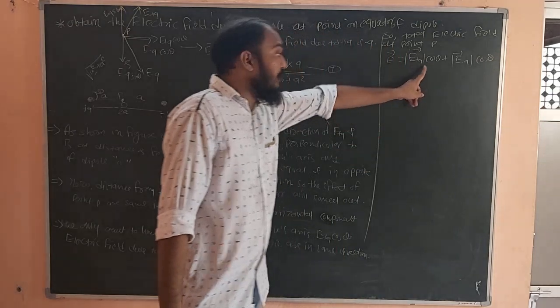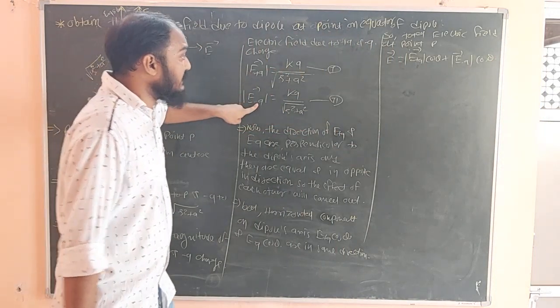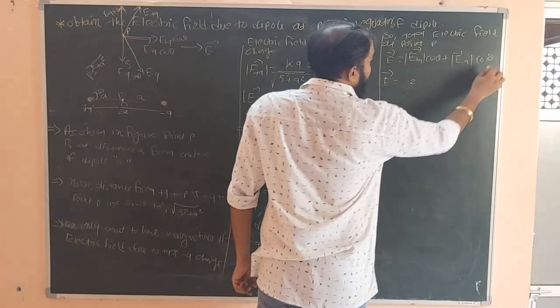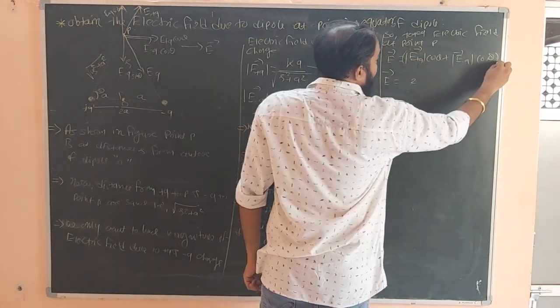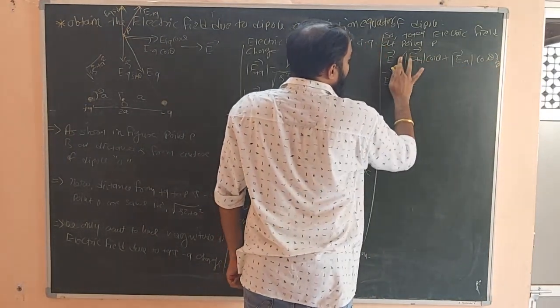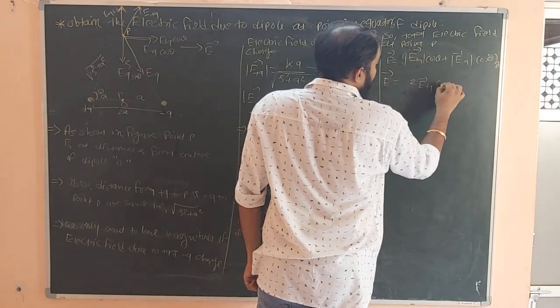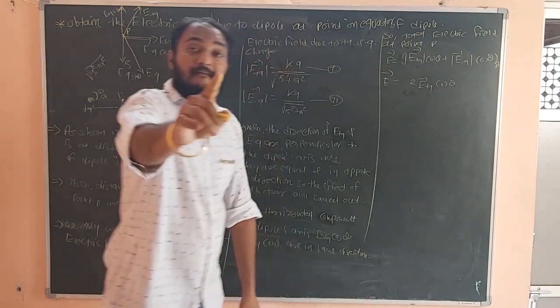We already know E plus Q and E minus Q are both the same. So we can write E is equal to 2 E plus Q cos theta, times P caret.